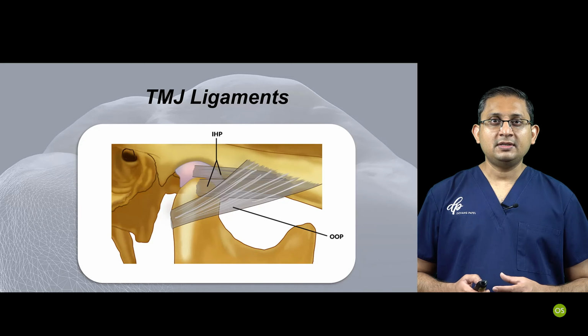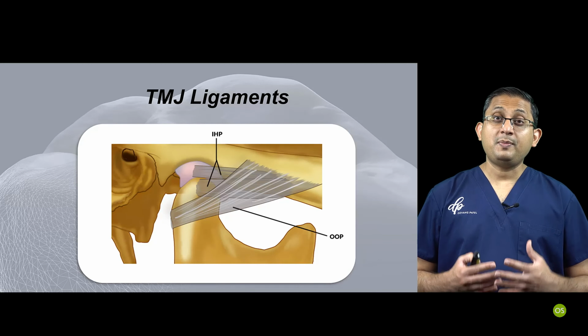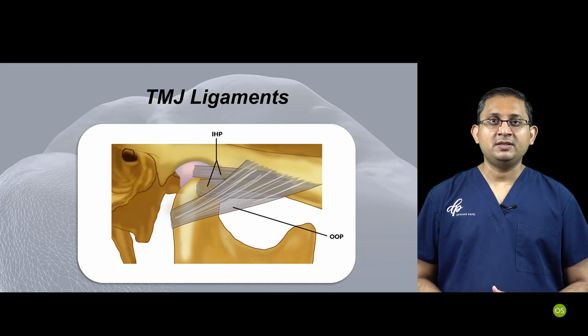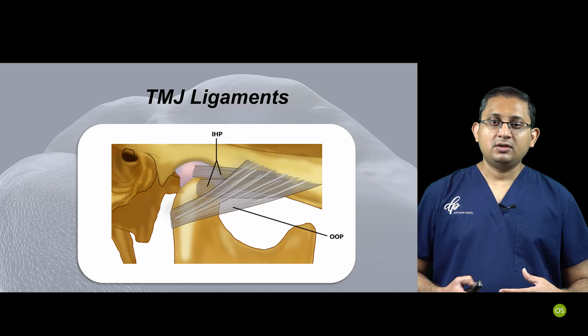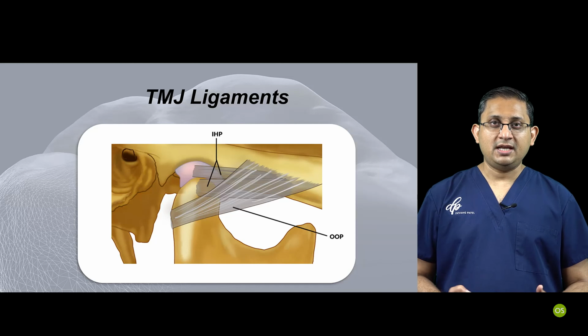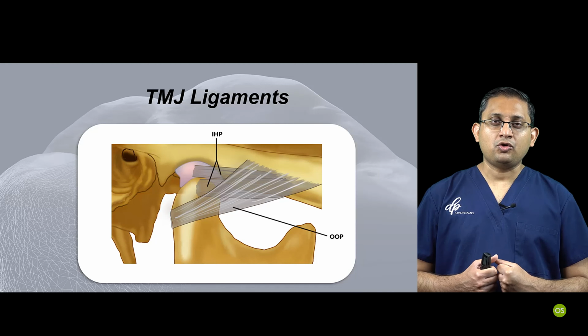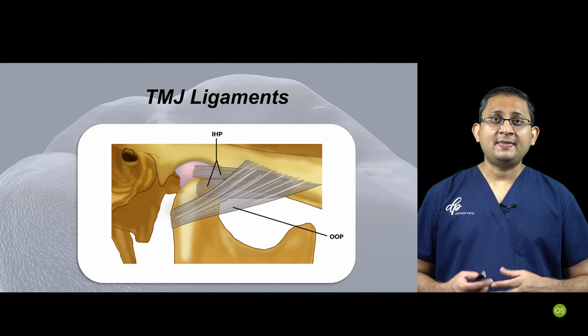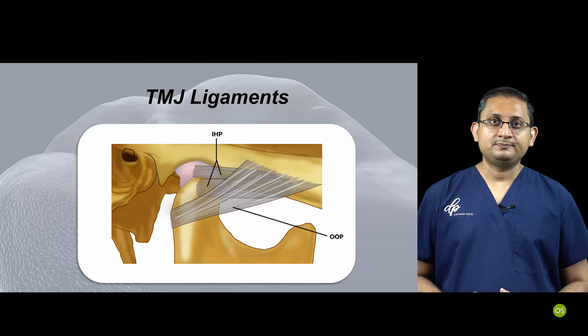With regards to the ligaments, you have two parts of the temporomandibular ligament. One is the outer oblique portion, which limits the normal rotational opening movement, because otherwise the jaw would just drop down. So you need ligaments to restrict the opening and stop the jaw falling apart, and this is true of any joint in our body.